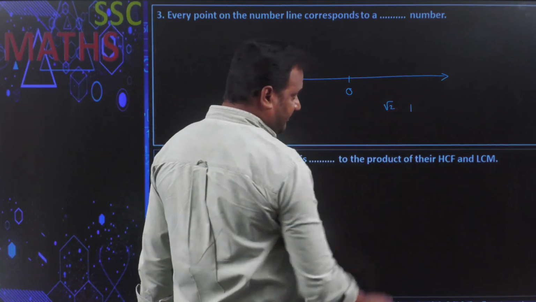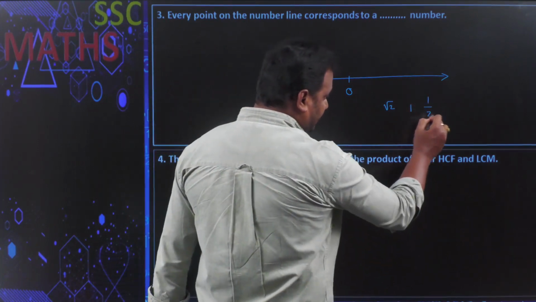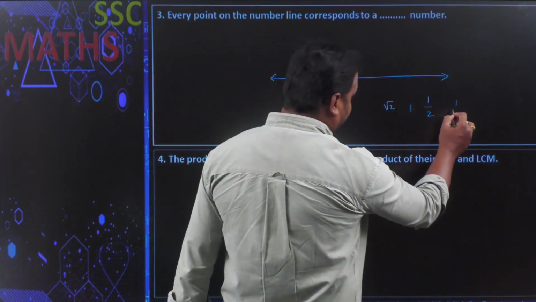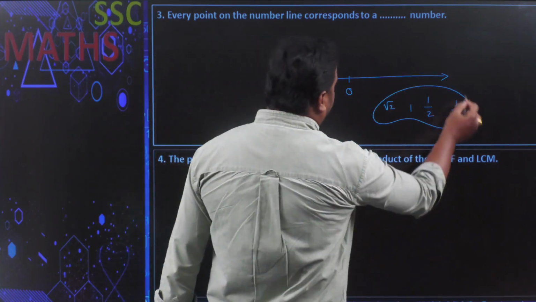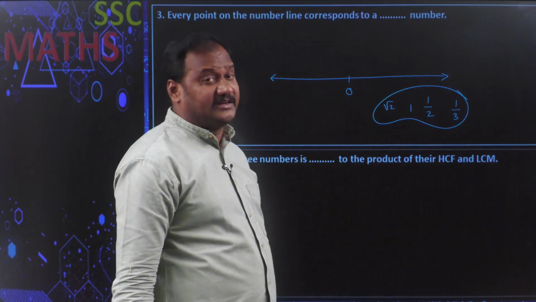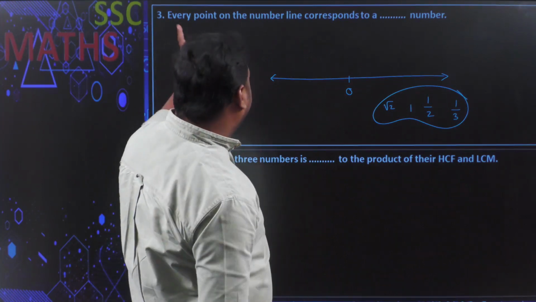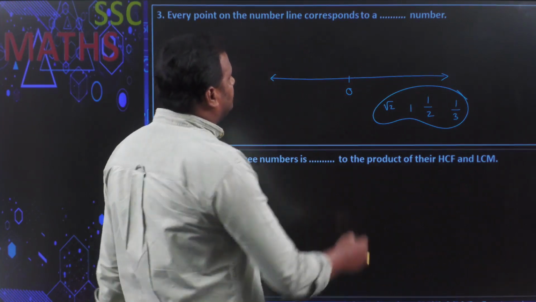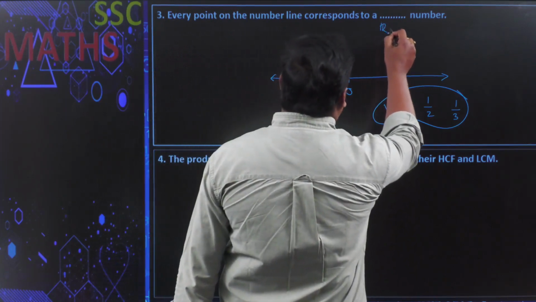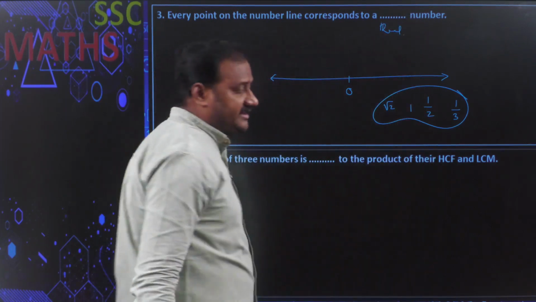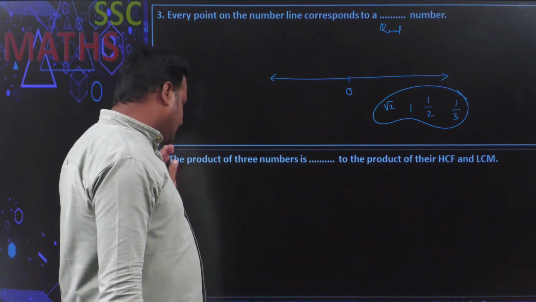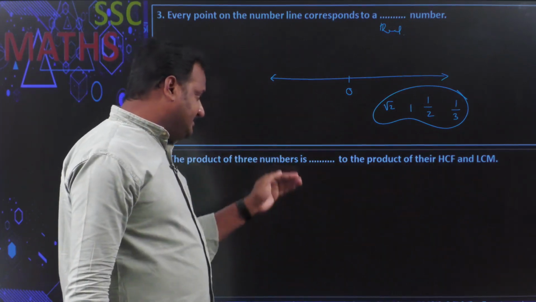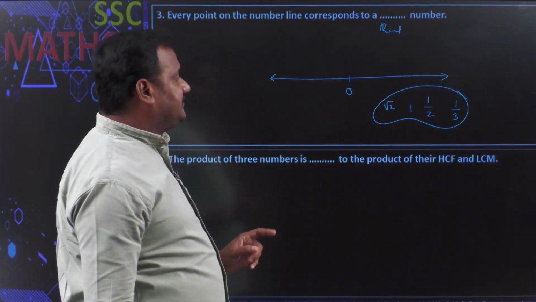You can express 1, 1 by 2, and 1 by 3 also on the number line. So what are all these numbers? All these numbers are real numbers. Therefore, every point on the number line corresponds to a real number.